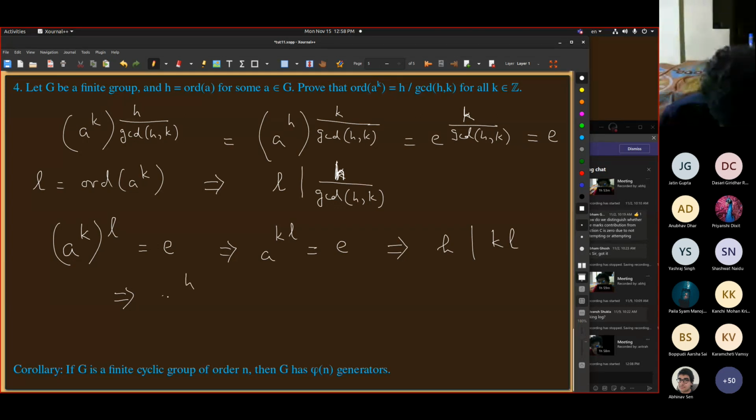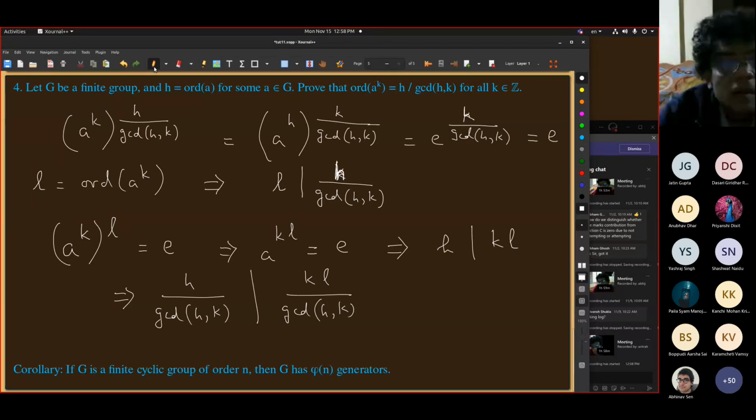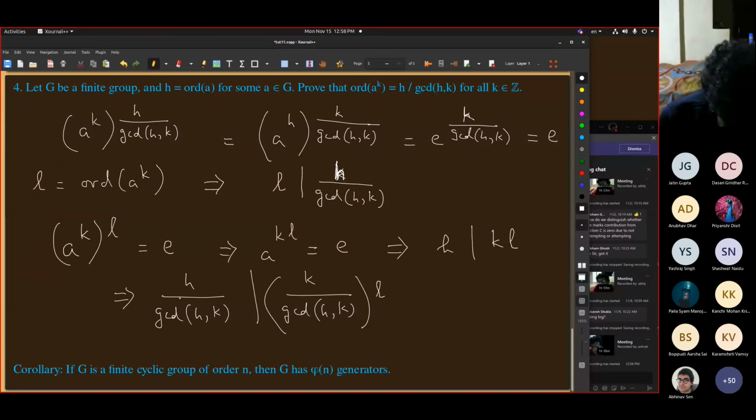So this means H over GCD(H,K) divides K over GCD(H,K) multiplied by L. But I have taken out all common factors from H and K by dividing by their GCD, so these two quantities are co-prime.